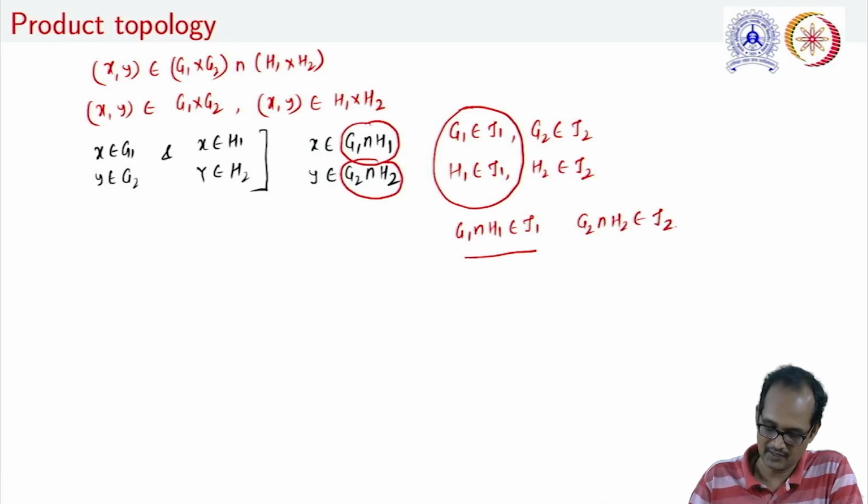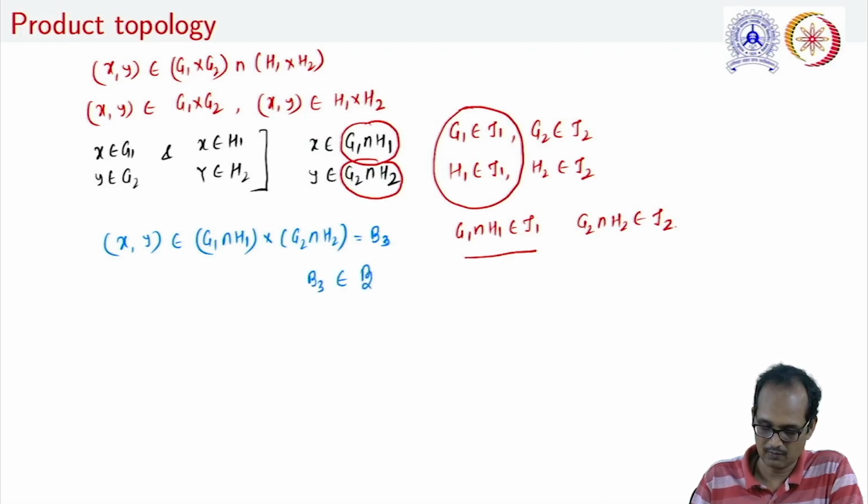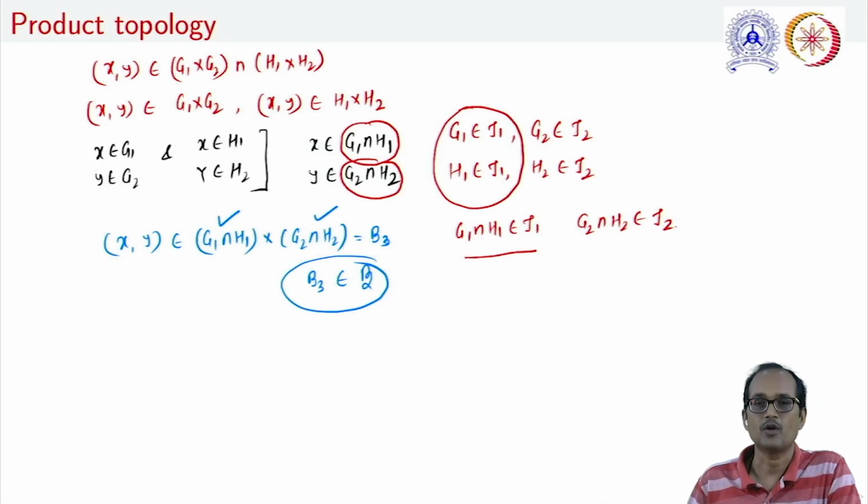And if this is the case, we can also write that xy belongs to (G1 intersection H1) Cartesian product (G2 intersection H2). Let us take this as B3, because now this B3 belongs to B, as G1 intersection H1 is from tau 1 and G2 intersection H2 is from tau 2.